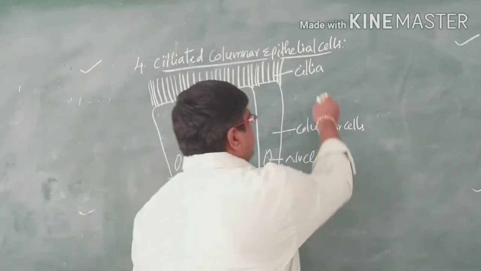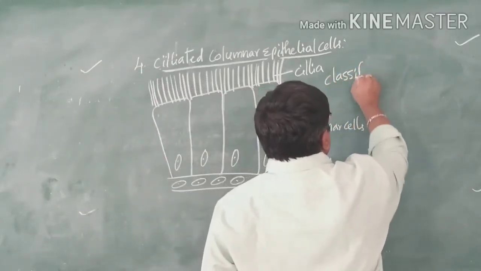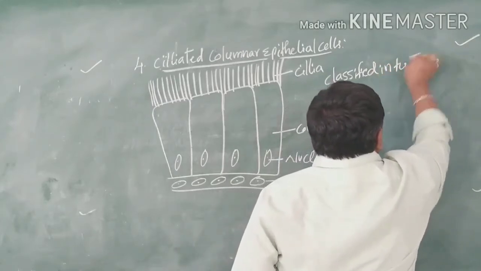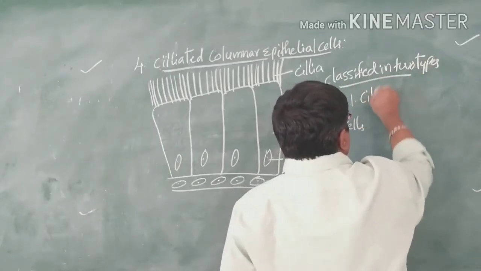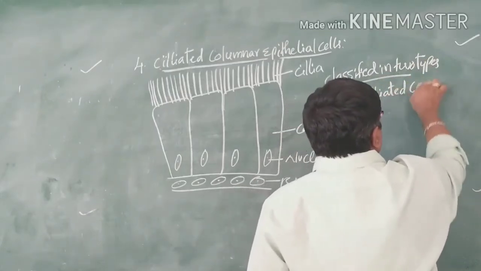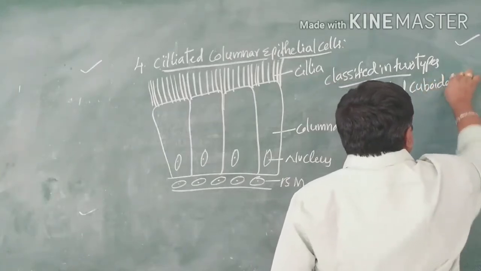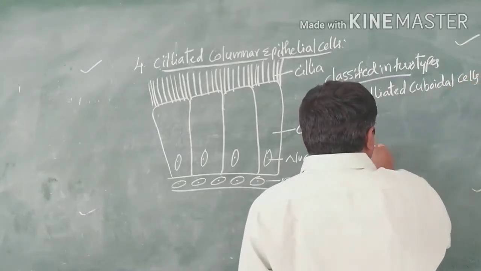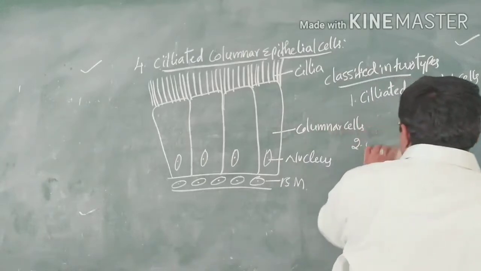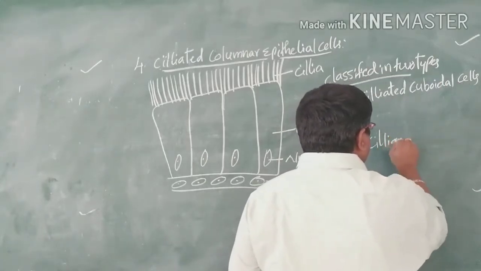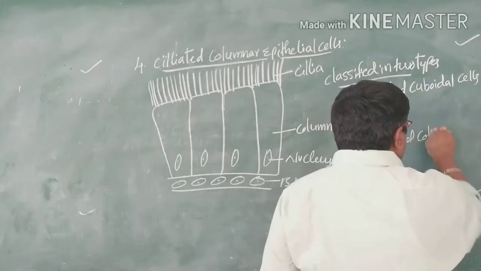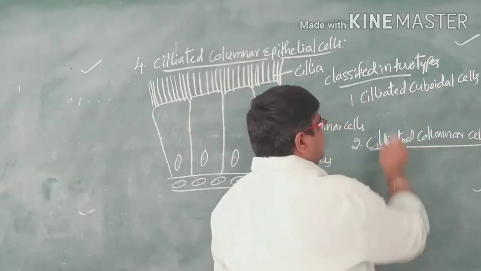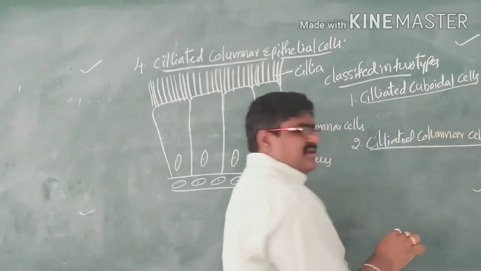So the ciliated cuboidal cells and the ciliated columnar cells present similar structures.